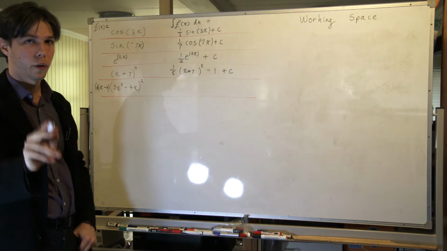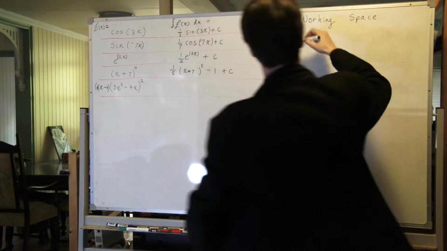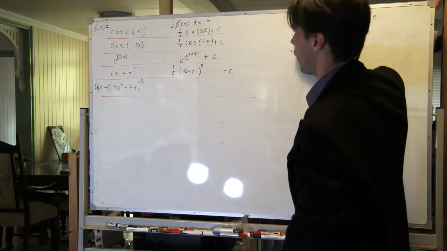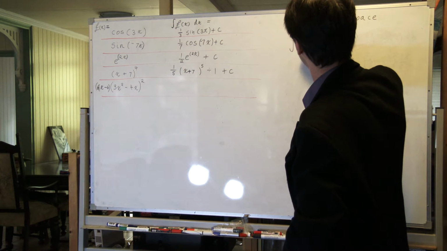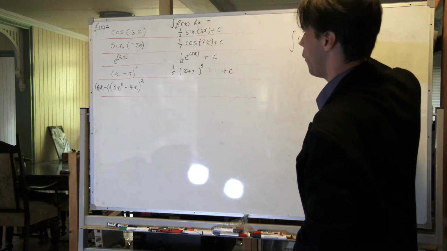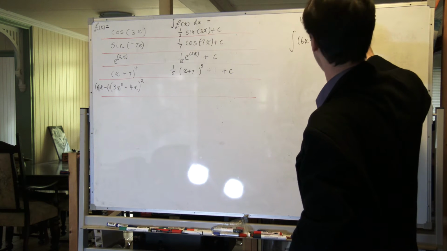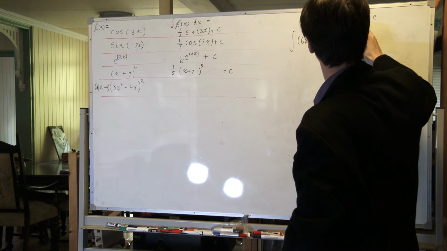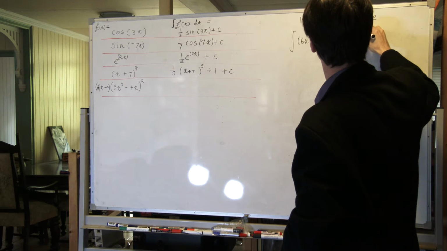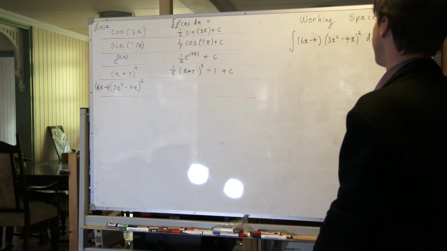Okay, so we want to find the integral of this thing here. Let's write it down. We're finding the integral of 6x minus 4 times 3x squared minus 4x to the power of 2 with respect to x.